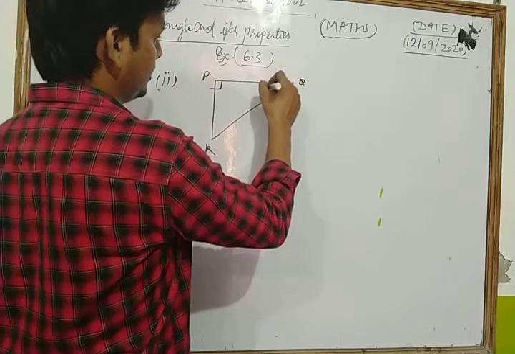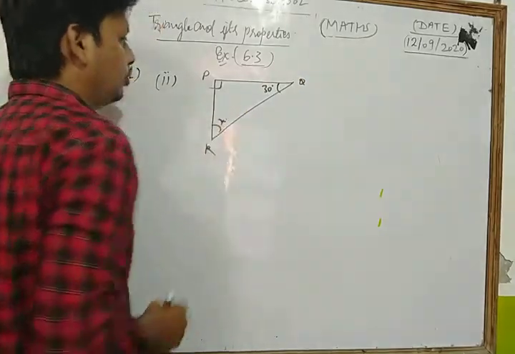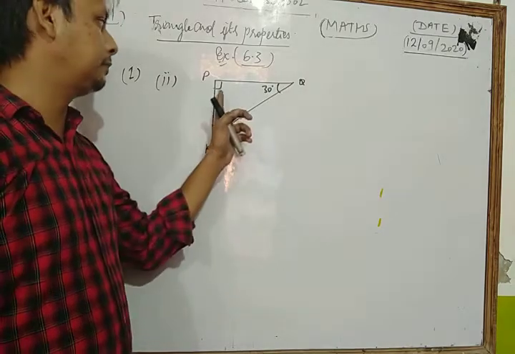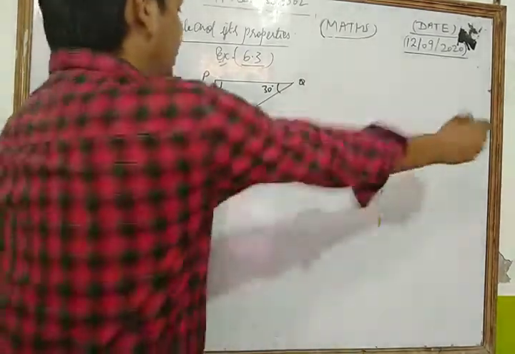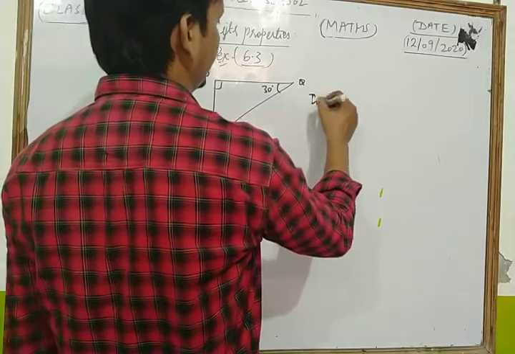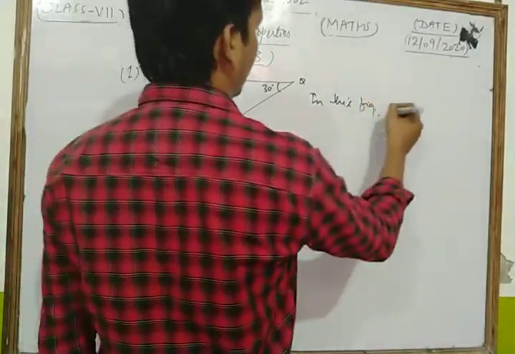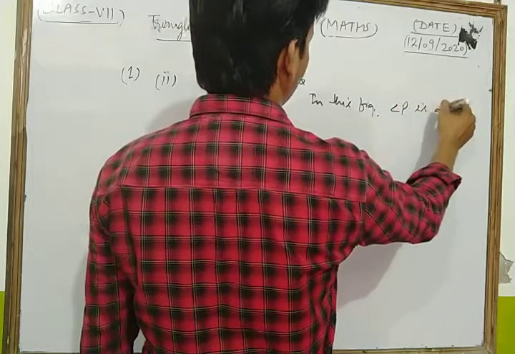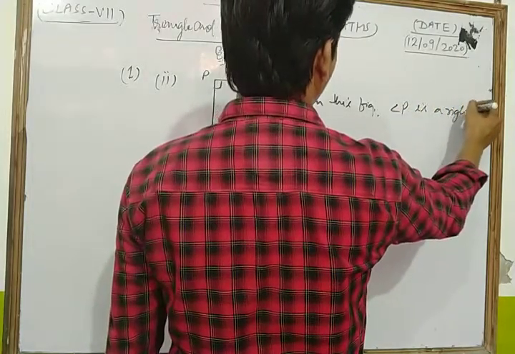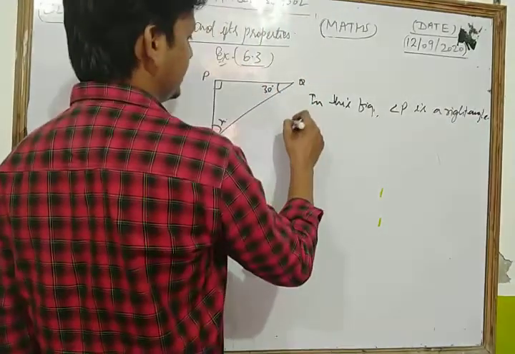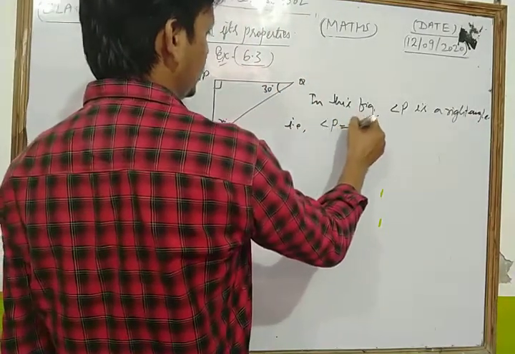This is 30. This is x. Now look, in this diagram, dear students, the angle P is a right angle. You write in this way. In this figure, angle P is a right angle, that is, the value of angle P is equal to 90 degrees.